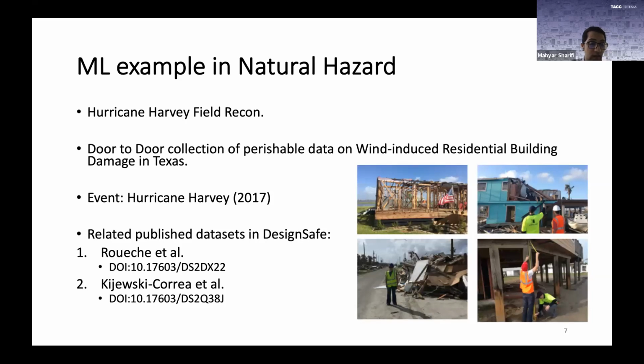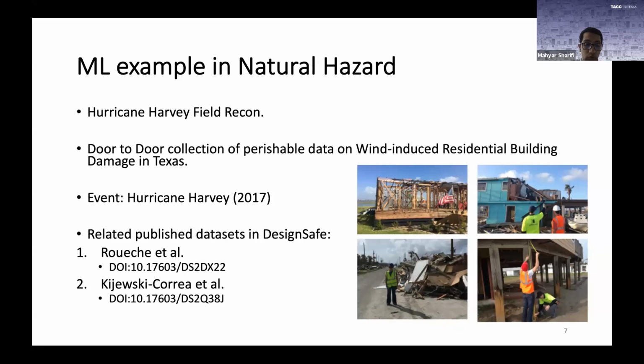In that sense, here in DesignSafe, we have a variety of data sets, as Charlie mentioned as well, which are published by different natural hazard researchers, whether in simulation, experimental, or field reconnaissance research. In this particular webinar example, I have selected one of the field reconnaissance data sets published in DesignSafe by David Roush.